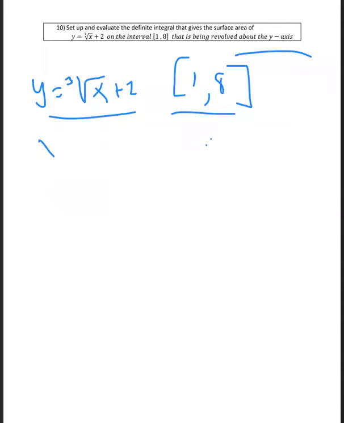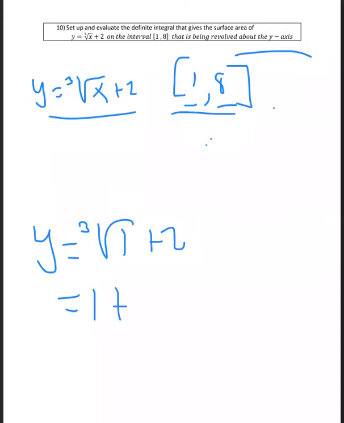So the first thing I would do is find the new interval. The way you can do that is just plug in the lower bound and the higher bound, and whatever y value you get is going to be your new range. Remember, this is a domain; we're trying to find a new range. So when you plug in 1, this becomes 1 plus 2.